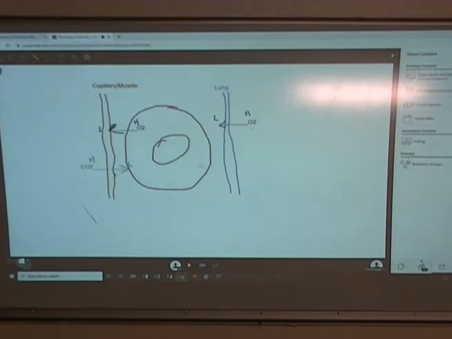So I'm just going to leave it as carbon dioxide. Okay? So at this point, we have higher levels of carbon dioxide in the bloodstream than we do in the lungs. So we're high here, and we're low here, and that makes it easy for the carbon dioxide to move out of the bloodstream into the lung tissue, and then we breathe it out.